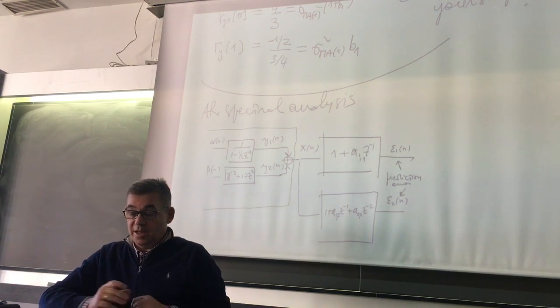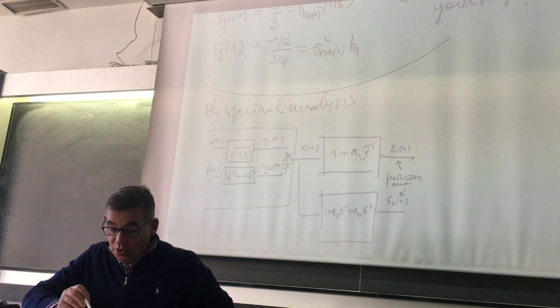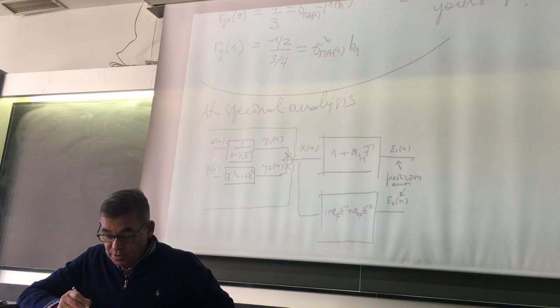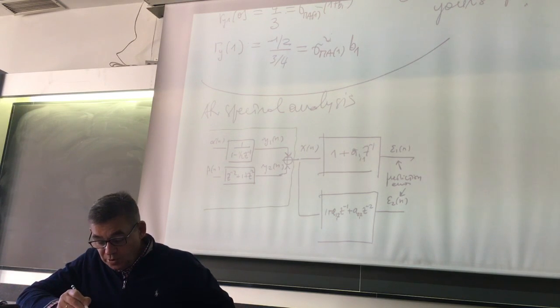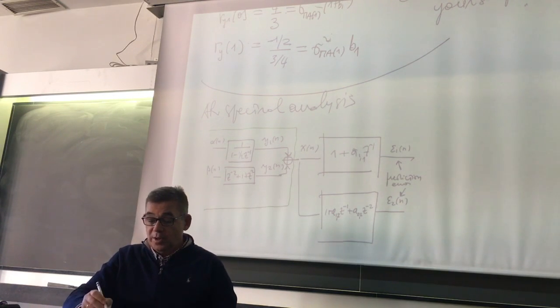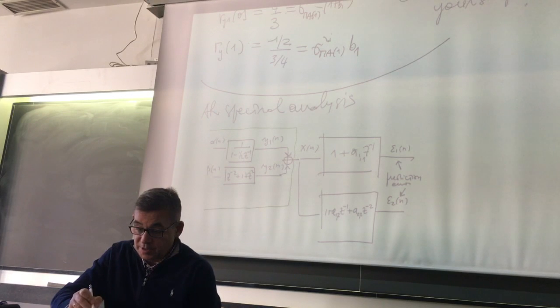which means that, assuming that I know the autocorrelation of Xn, my goal is to compute the corresponding pole system.